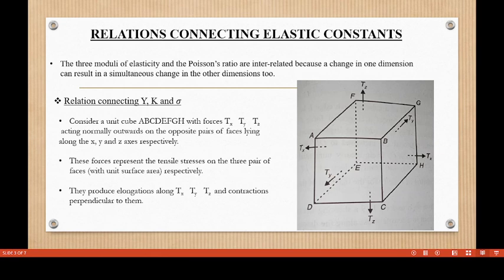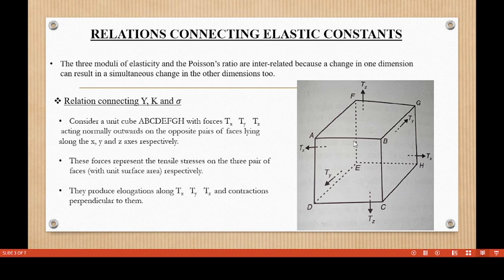That is, coming back to this figure, consider this edge AB. When Tx is applied acting along x direction, it causes an elongation of edge AB.